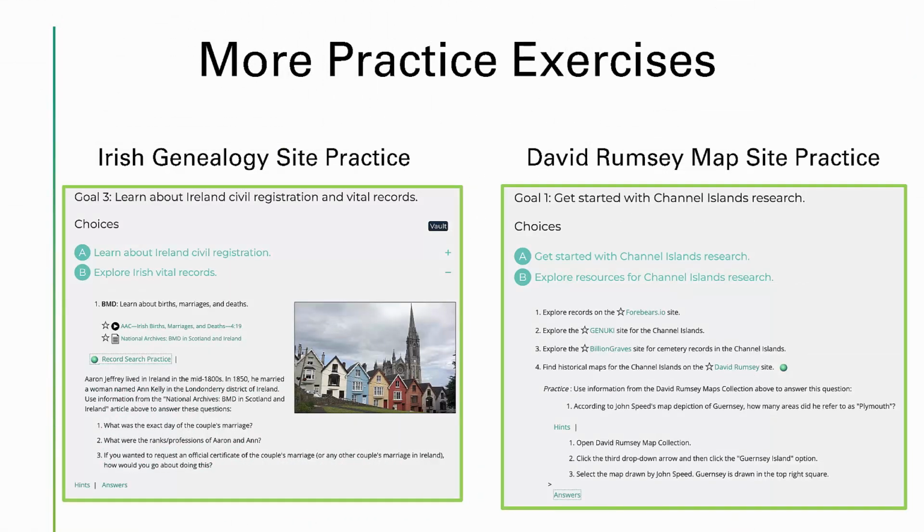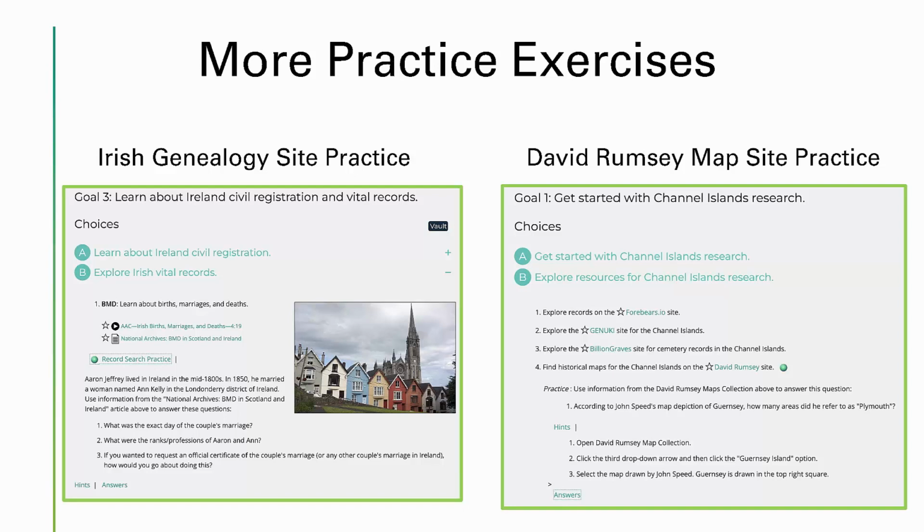In addition, there are some other gems you will find as you look through the countries section of the Family History Guide. The ones I found were Irish Genealogy Site Practice and David Rumsey Map Site Practice.